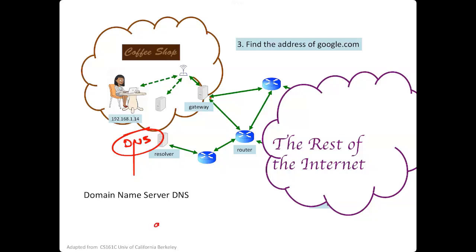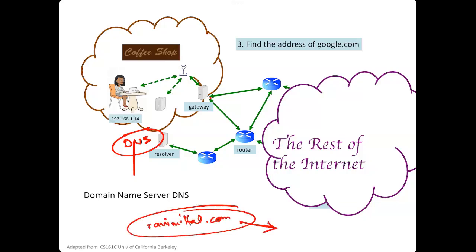For example, I create my website ravimittal.com. I just created it today and it's not known to anybody. Then this query has to go many levels up in the DNS server hierarchy until it gets resolved, because somewhere at the top of the hierarchy this information is available, and that domain name server responds back to her that corresponding to google.com, this is the IP address.